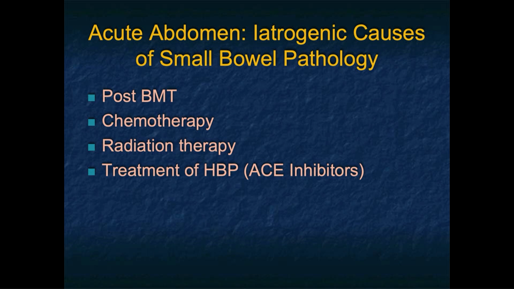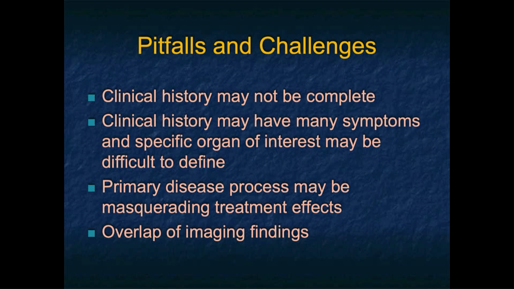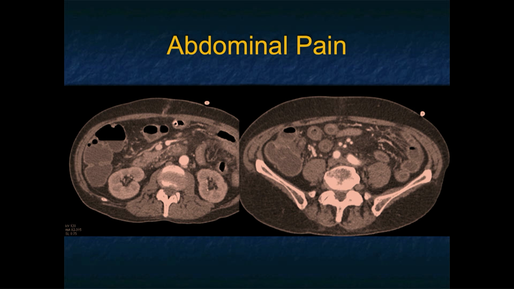Often we don't have a good history, but we're seeing more and more patients from the oncology side coming to the ER setting, and other patients with different medications. And again, the challenge might be we don't have the history, and even if we have a history, we're not certain if the findings we're seeing are related to the primary disease process, related to the therapy, or just related to a third or additional process.